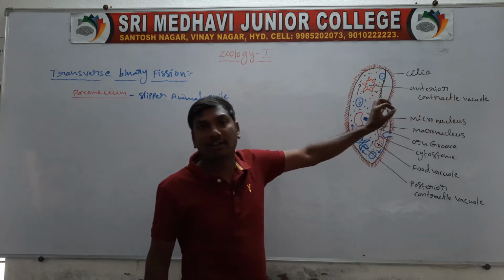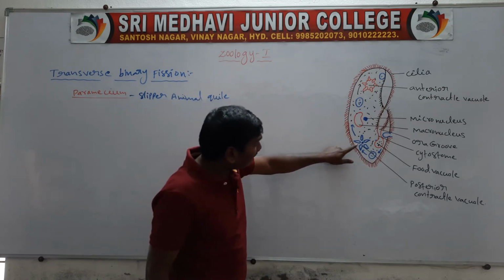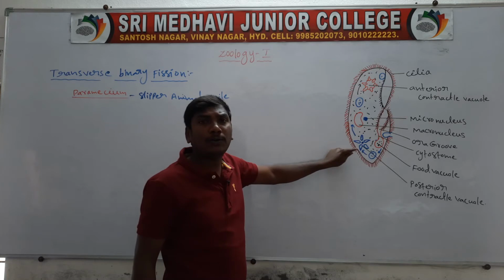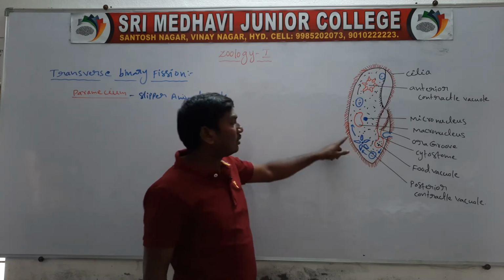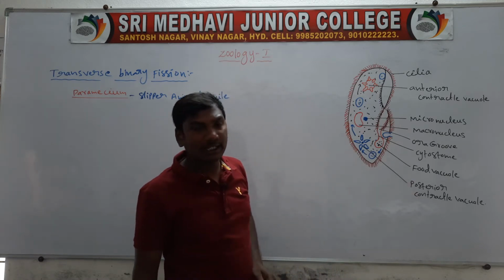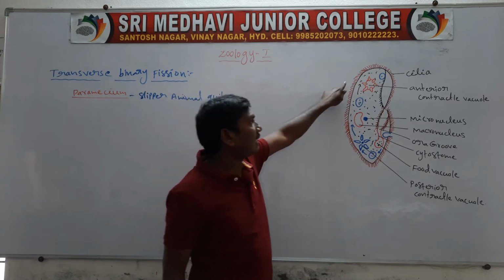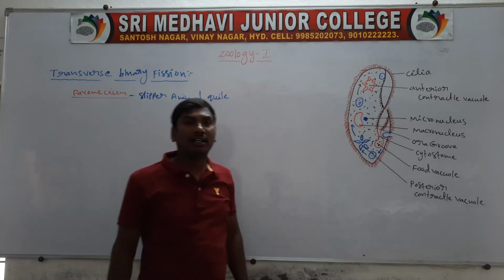The contractile vacuole present on the posterior side is called the posterior contractile vacuole.